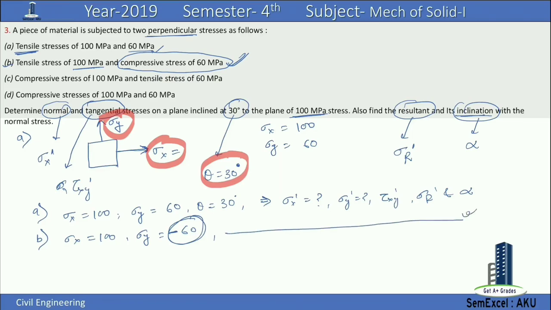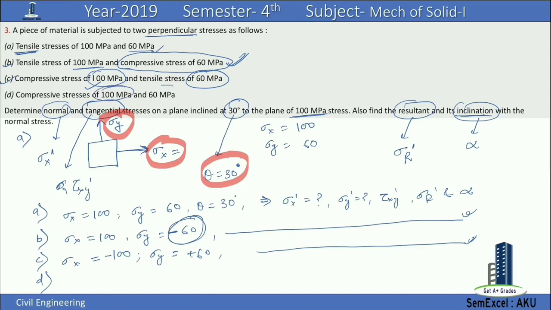In case of 3c, one stress is compressive and the other is tensile, so sigma x will be equal to minus 100 MPa, and sigma y is tensile, so we'll write plus 60 MPa and calculate all other stresses. And in 3d, both given stresses are compressive, so sigma x is negative and sigma y will also be negative, minus 60.